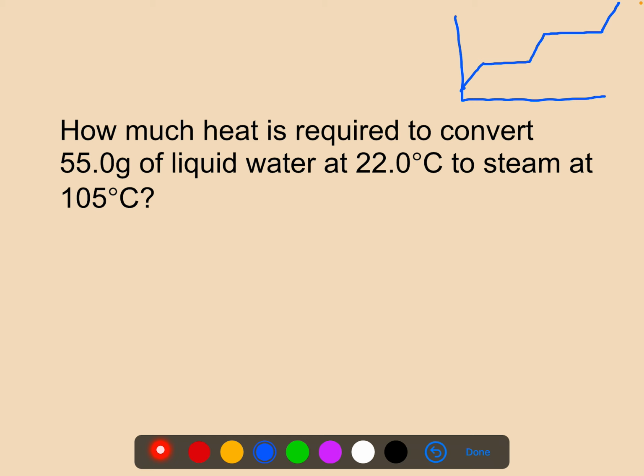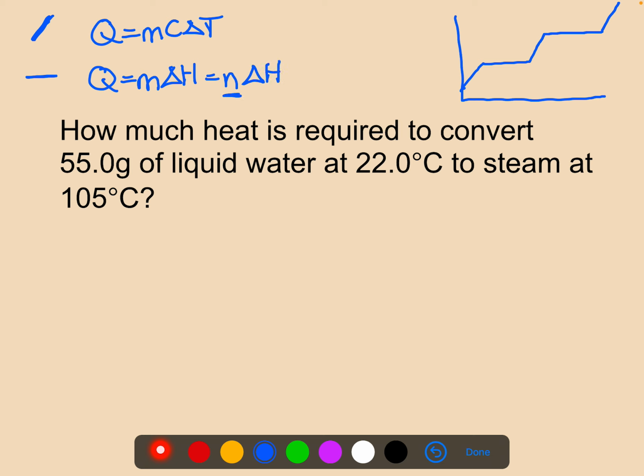And remember, whenever we have those slanted parts, our temperature is changing, so we can use the Q equals MC delta T. Those flat lines, our phase is changing, but temperature is the same. So that's the Q equals M delta H. Sometimes you'll also see this written as N delta H, because remember, N represents moles. So you may see it both ways.